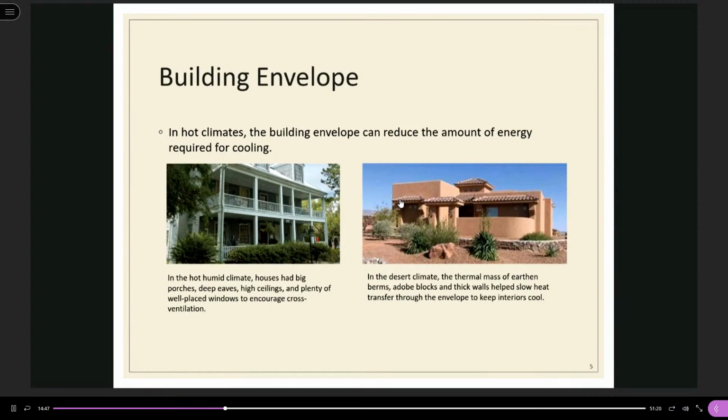So it is hot and humid. So you want the natural air to bring away the humid air. Okay, so they will have more windows so that they can allow cross ventilation and more natural ventilation.